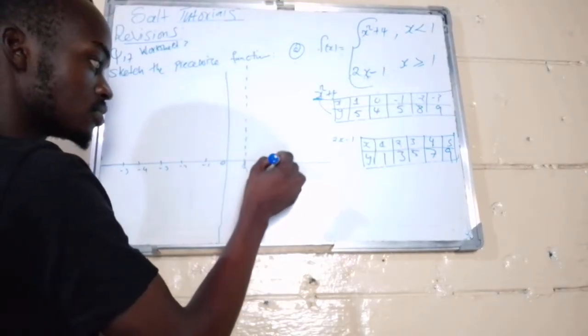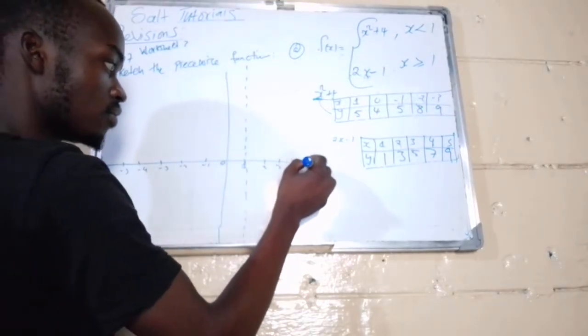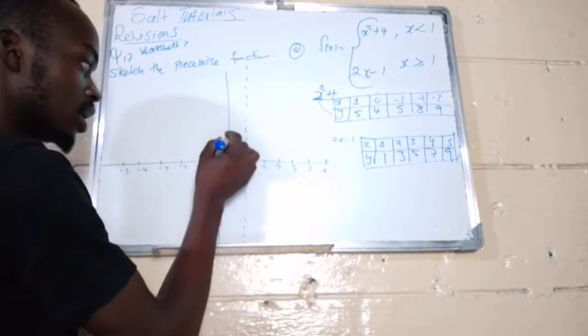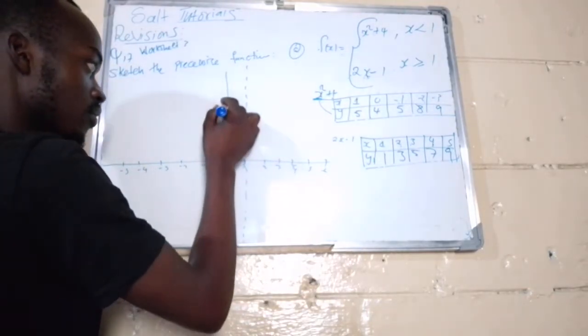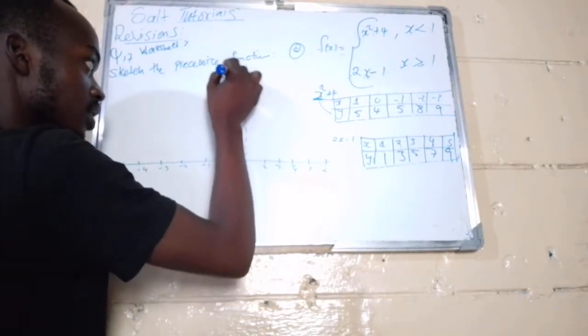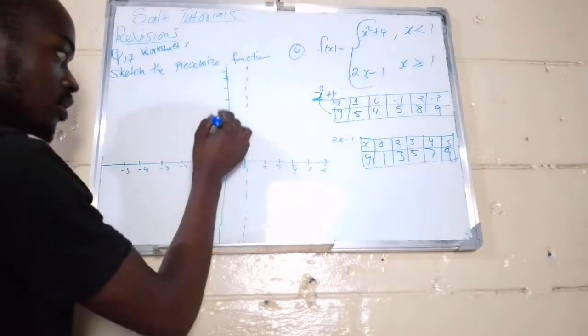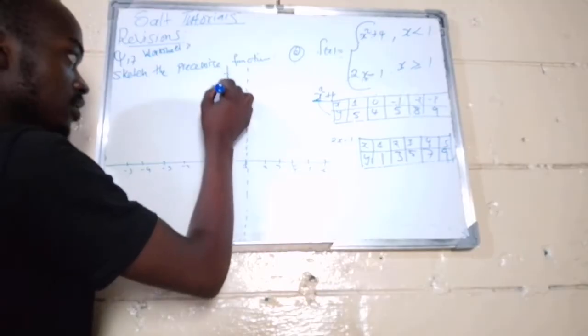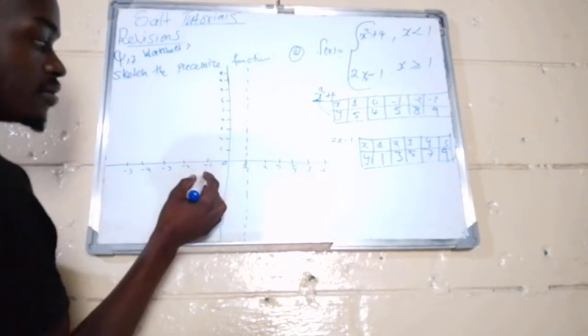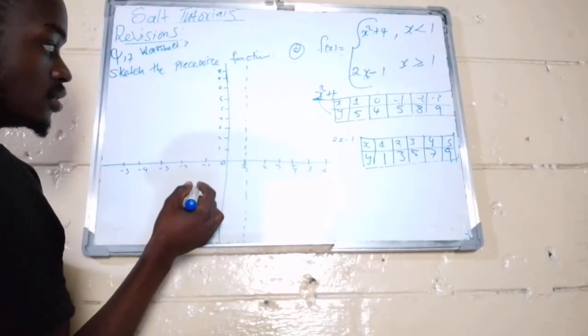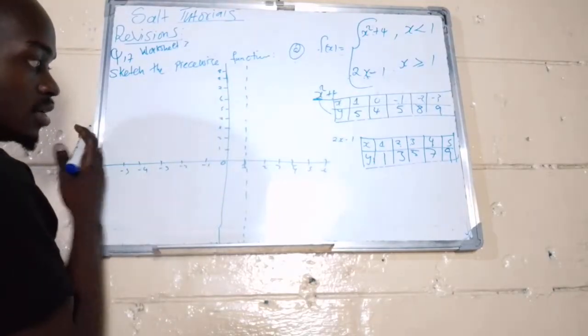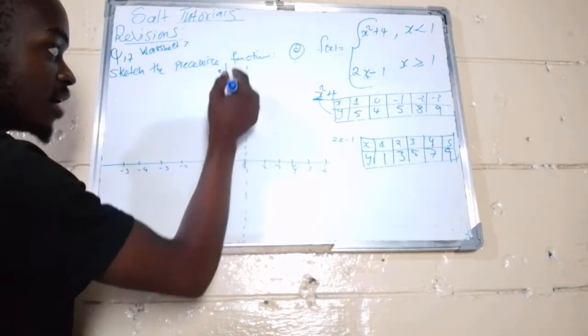So this is 1, 2, 3, 4, 5, 6, 7, 8, 9 in those ranges. For the left side, we have 1, 5.